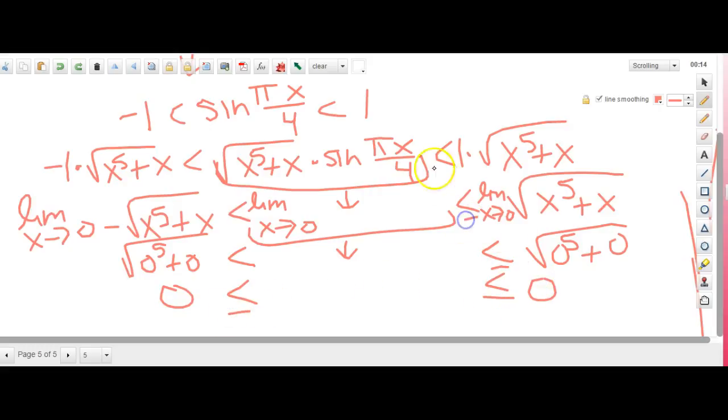I keep forgetting that less than or equal to symbol. Sorry, the bar should be underneath. So that squeezes this middle part, the limit as x approaches 0 of this function. That squeezes it to mean that this has to equal 0. So same exact idea as the last problem, even though there is a different function in front.